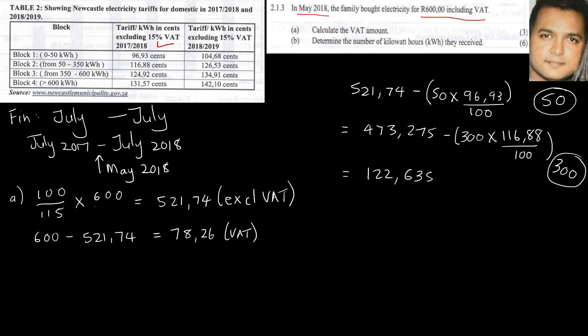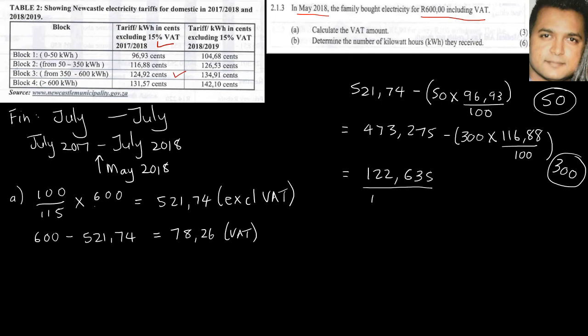So now that I find that I can work with this, I go straight to the rate, immediately to the rate, and I divide by the rate. My rate in this case is 124,92. When I take the rate and divide it, that amount will give me the amount of kilowatts.